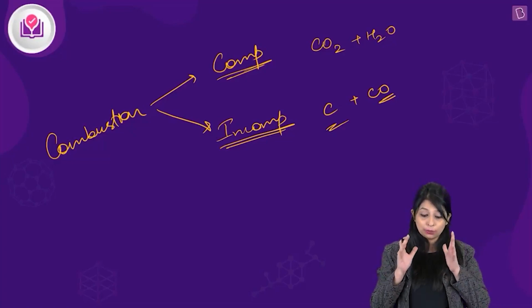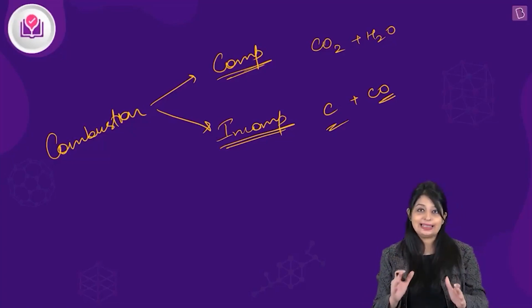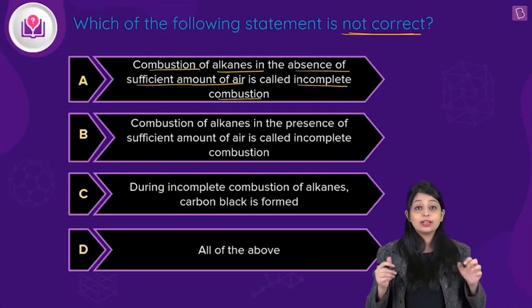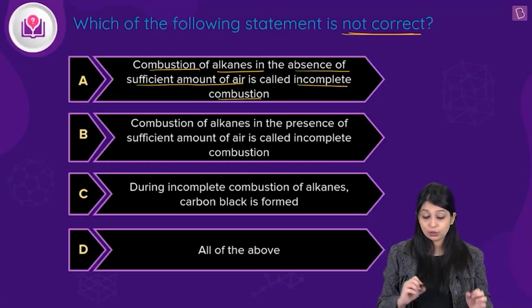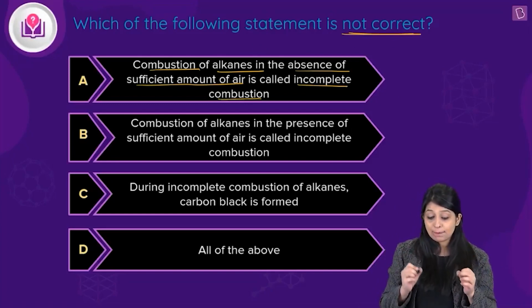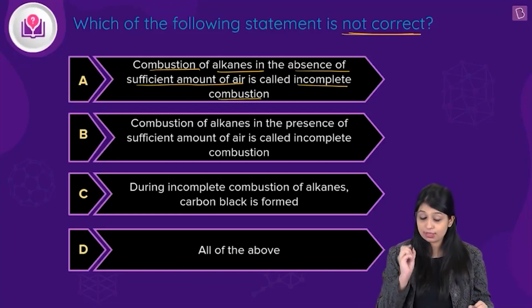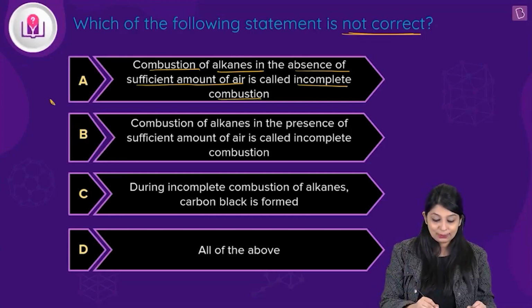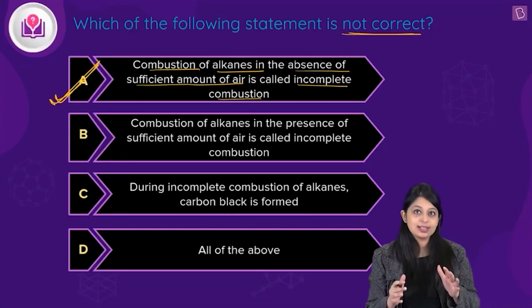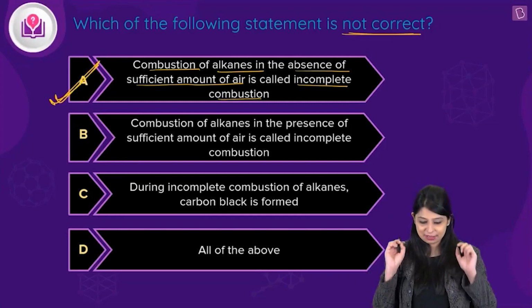This is what we know about combustion and incomplete combustion. So now let's check what option A says. Option A is combustion of alkanes in the absence of sufficient amount of air is called incomplete combustion. Yes, we just discussed that. Yes, this is the correct statement.